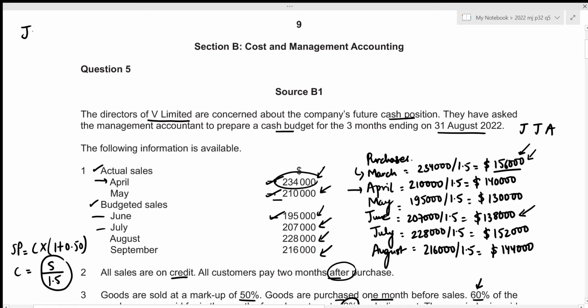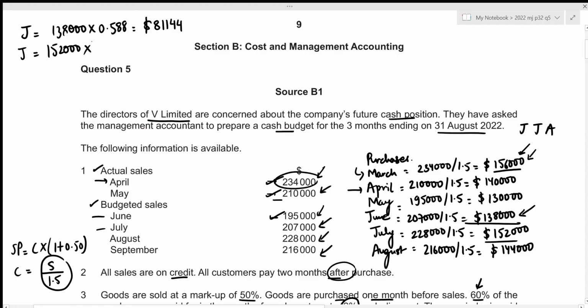For June, that will be the calculated amount of 138,000 times 0.588. This results in the amount of 81,144. Now for the month of July, we have the calculated amount of 152,000.